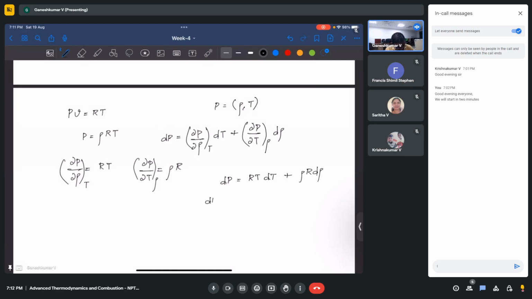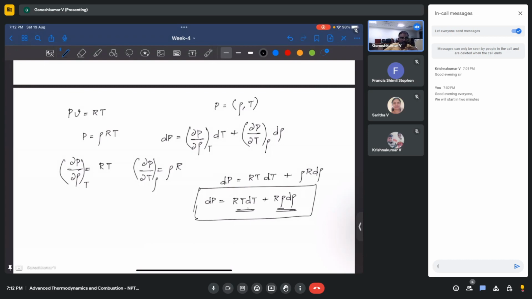So this is the change for a small change in pressure. For a small change in temperature, you are going to have a large effect in density and temperature. If you do an integral, there will be T dT and rho d rho, right?